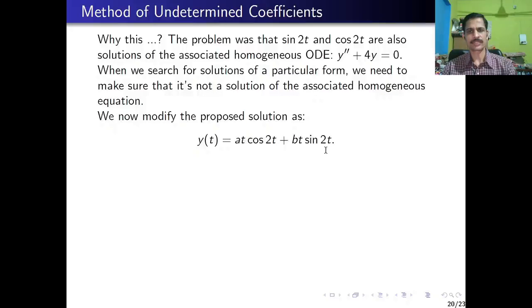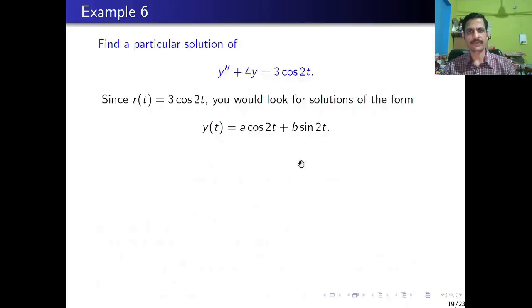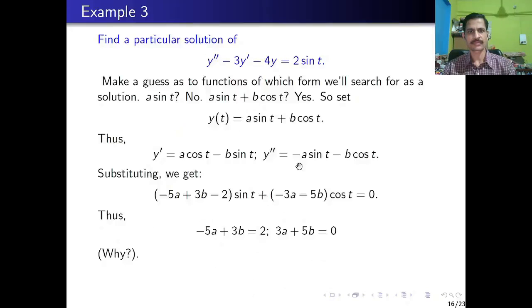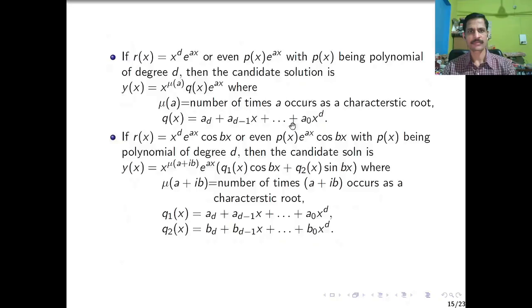This is what was explained to you in that slide where it gave you a general scheme for finding the candidate for particular solution. So I am referring to this slide.